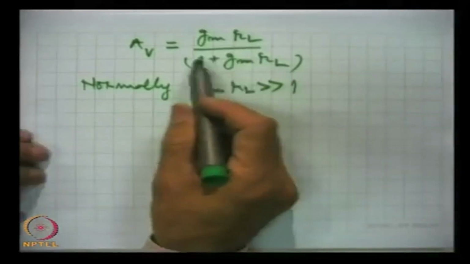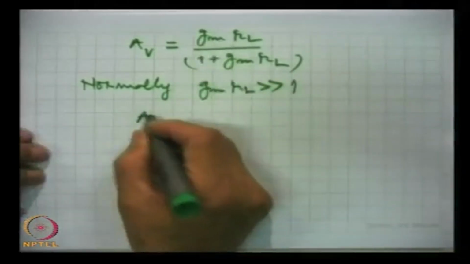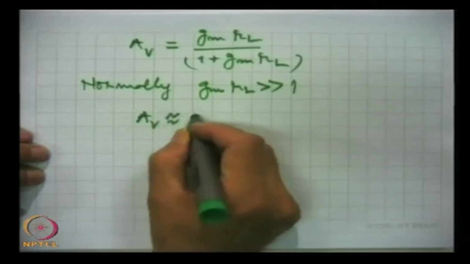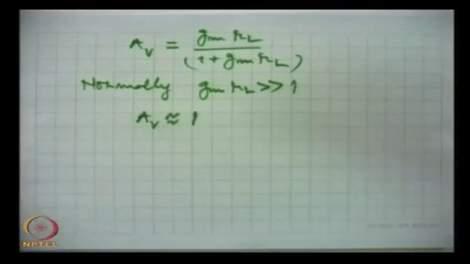So, 1 can be dropped, then AV will be very close to unity. When AV is 1, that implies that there is no voltage gain. It is whatever is the input, same appears at the output, but there will be some power gain.